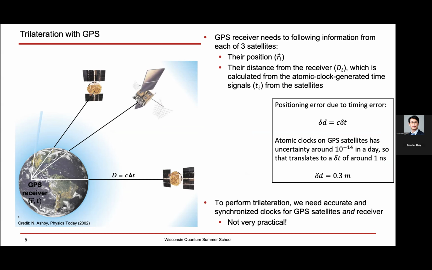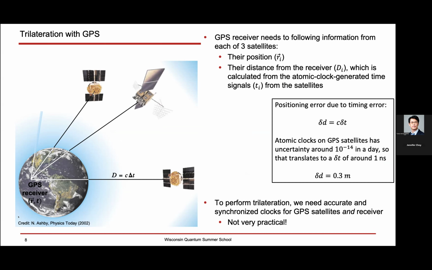Okay, so I mentioned that the distance is a crucial part of this measurement. So you can imagine that if you have a small timing error, that's going to lead to a position error, right? In this triangulation, you're drawing three circles based on the distance and the position of the satellite, and where these three circles intersect is where your location is. And so any errors in this will lead to an inaccuracy in the way that you determine your position.